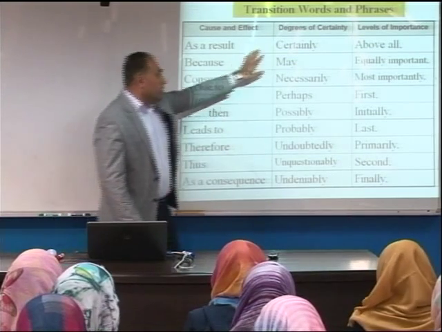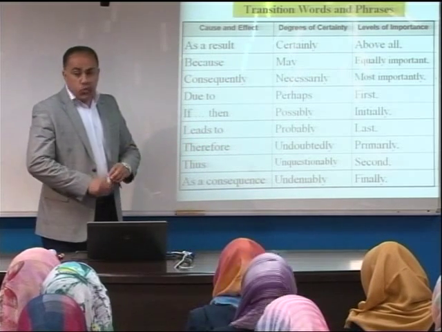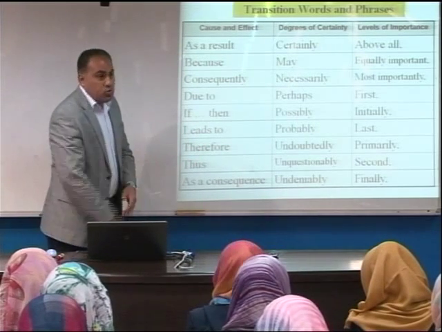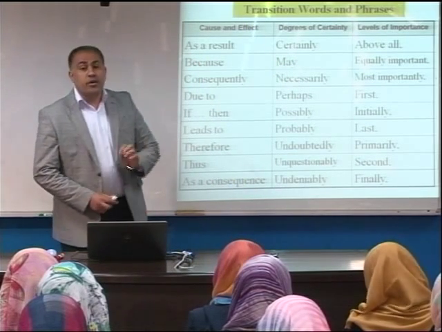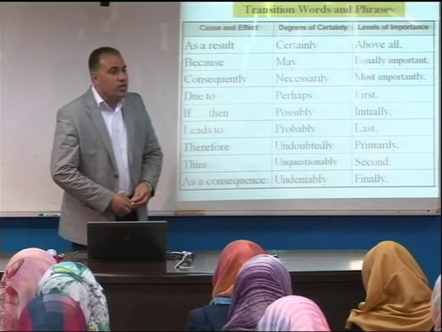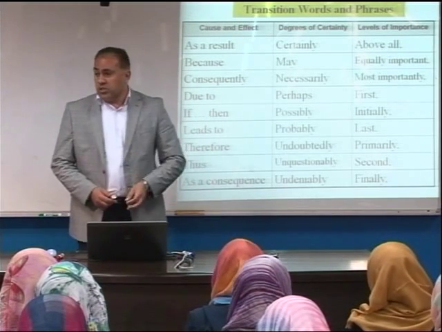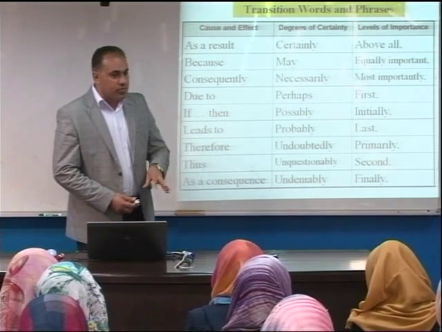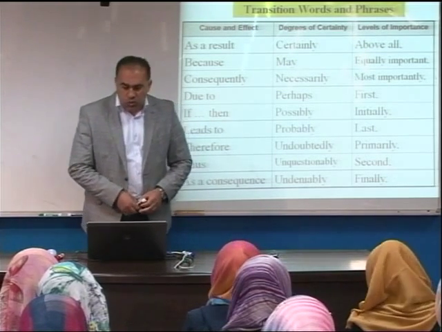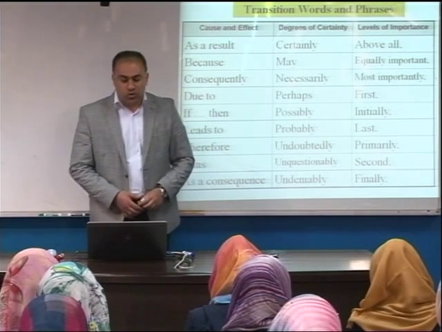Okay, so degrees of certainty is about the degree of certainty you attach to your proposition. For example, certainly, may, necessarily, perhaps, likely, probably, undoubtedly, unquestionably, indisputably, and so on. So these are also helpful adverbs that you can use to attach a certain degree of certainty to your proposition.